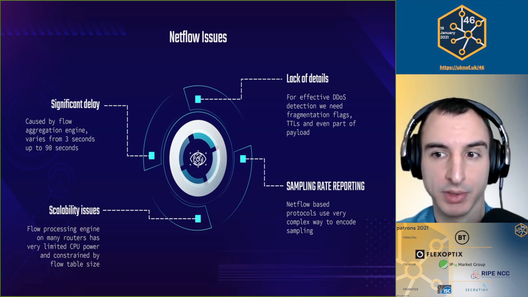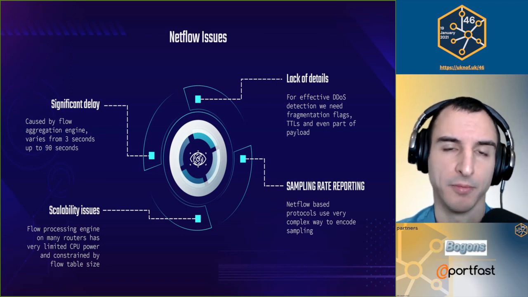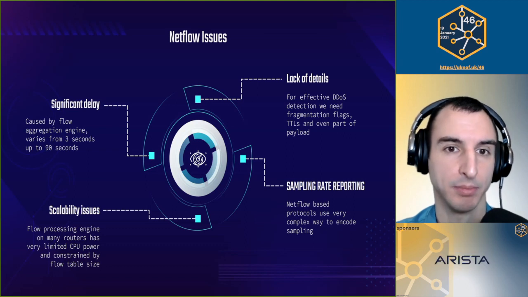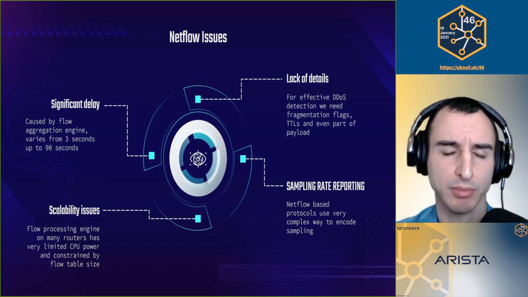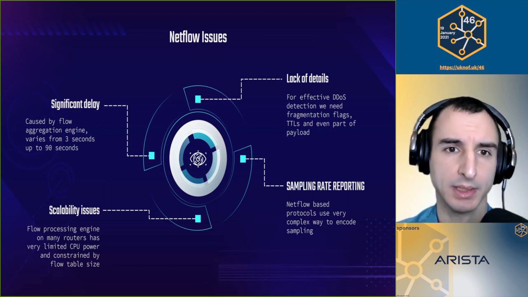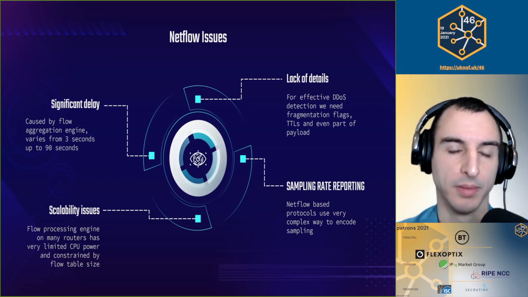And sampling rate reporting is not a very big issue for the IPFIX protocol, because IPFIX has quite good standards which explain how routers can encode the sampling rate. In a big network you may have different segments or different routers using slightly different sampling rates, and it matters for the collector side and for DDoS detection purposes.